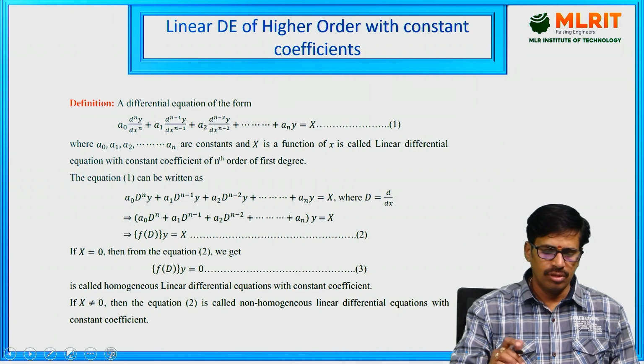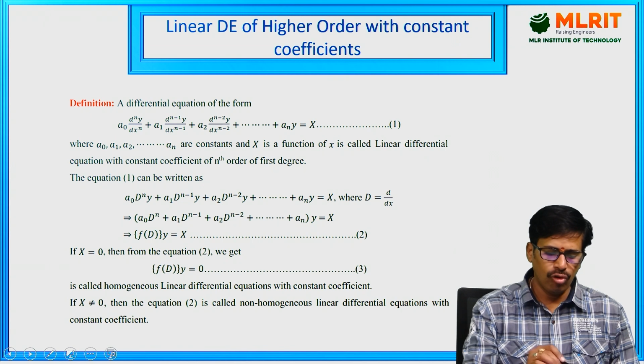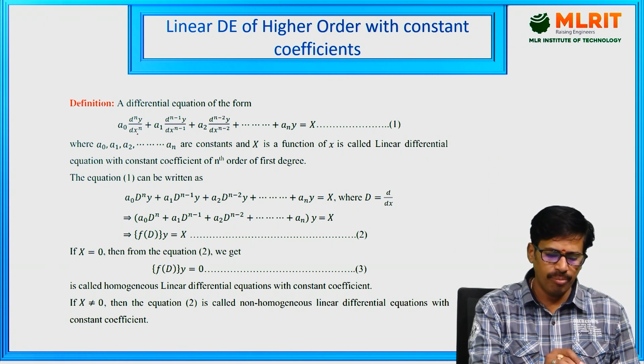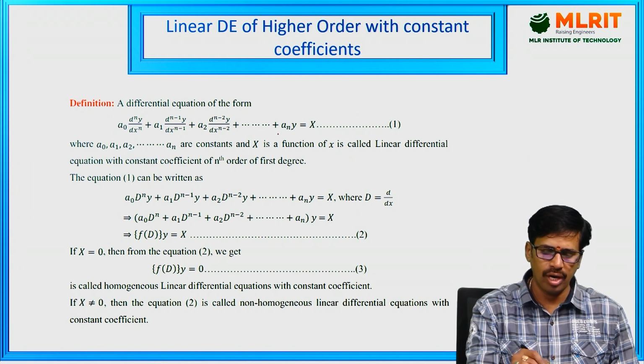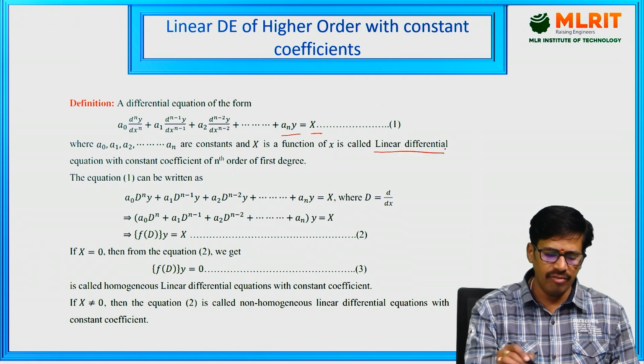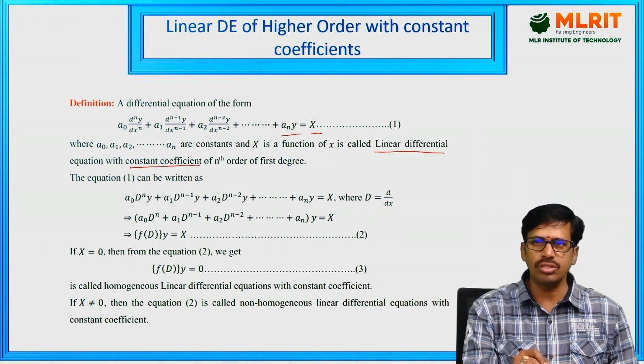So, this is a differential equation of the form a0 d^n y/dx^n plus a1 d^(n-1) y/dx^(n-1) plus and so on, an y equal to X. This equation is called a linear differential equation with constant coefficients.